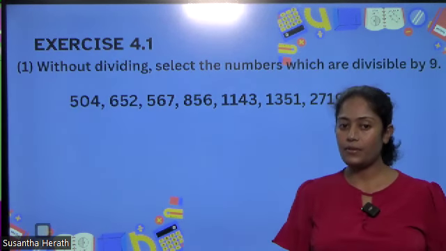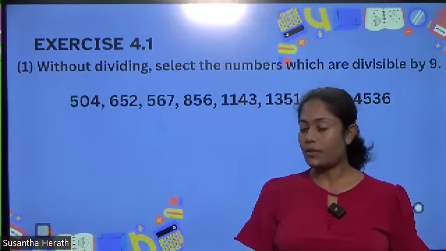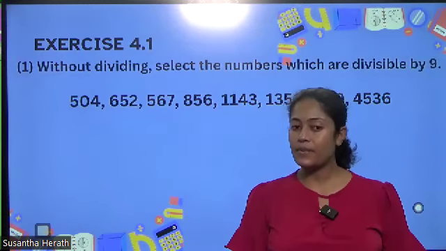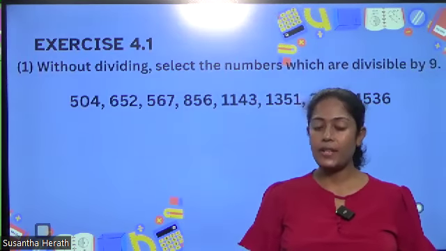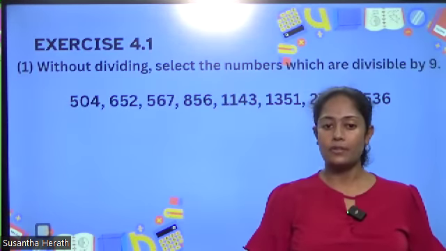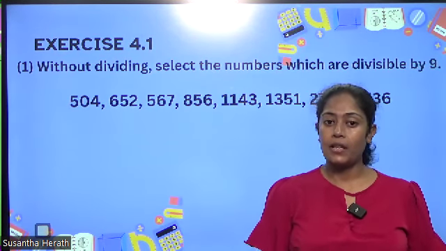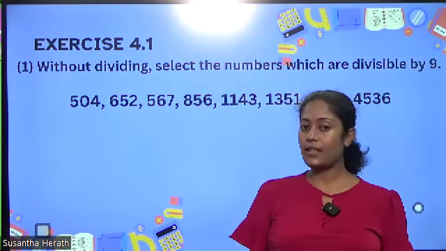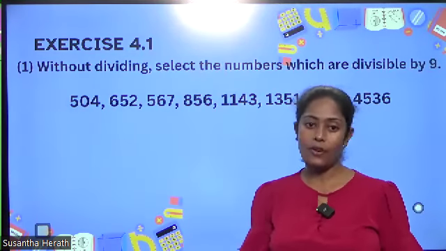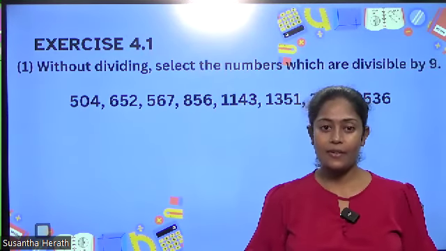Now we are not going to divide. Without dividing, we look at the number and find out whether it is divisible by 9 or not. How can we check? By saying the last digit is divisible by 9? No, not the last digit. Now digital root, no? We learned that before.